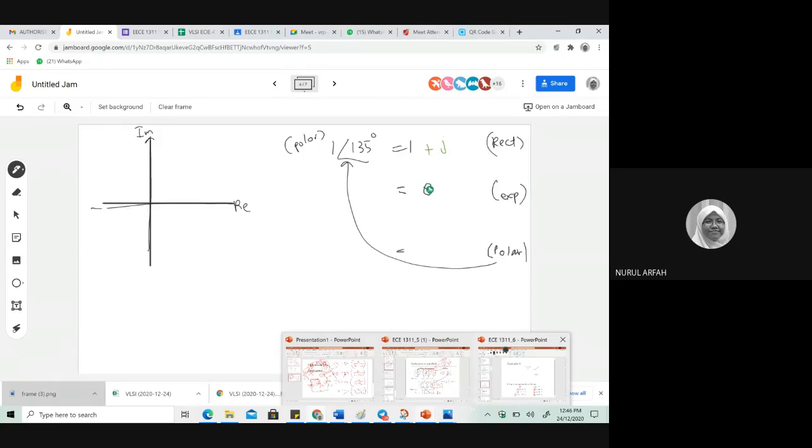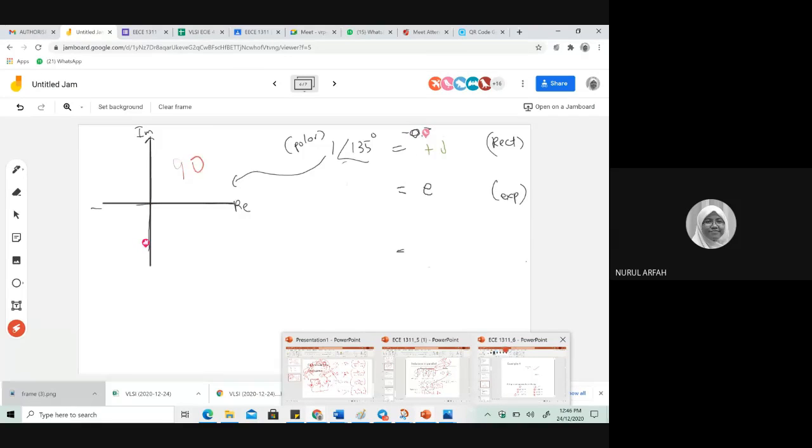Or we draw the polar form on this. Okay, always start with this axis. Since we have 135, what should you do? This is 90 degree. Okay, start with this. We go to here, right?